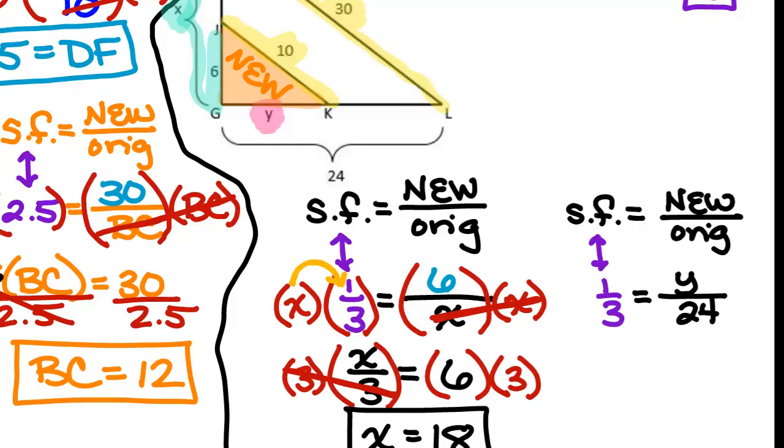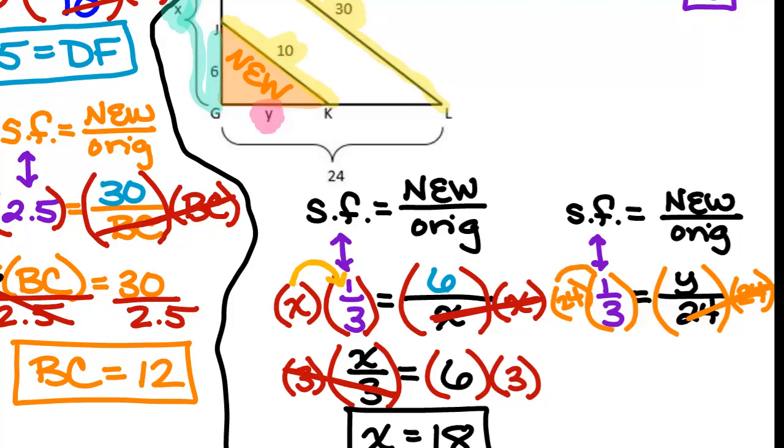I want y all by itself. Y is part of a fraction. We use what operation to get rid of fractions? Multiplication. What part of the fraction do we multiply by? The denominator. So we're going to multiply by 24. If you do it to one side, you have to do it to the other side. So my 24's cancel out on the right.